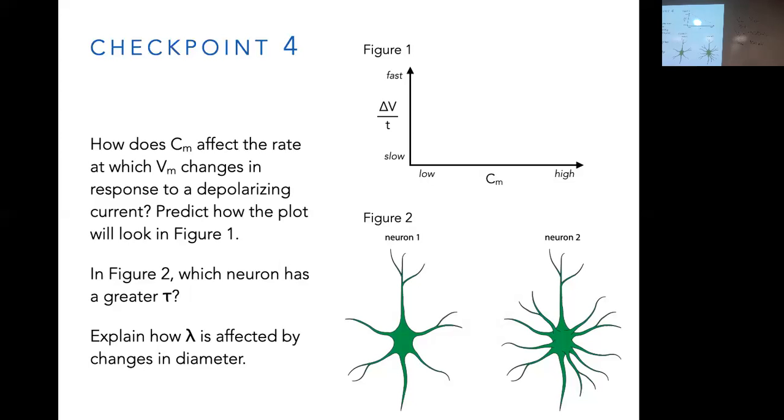All right. I think we've gone through this, but someone just remind me, how is lambda going to be affected by the diameter? First of all, let's define it. How do we calculate this?